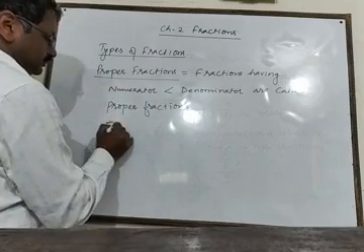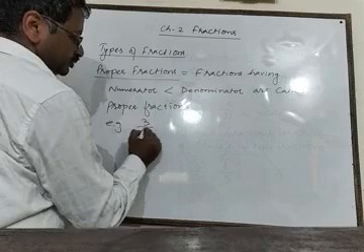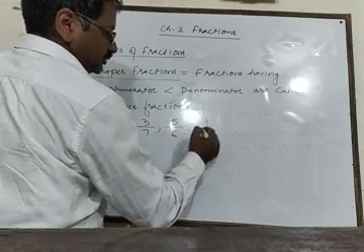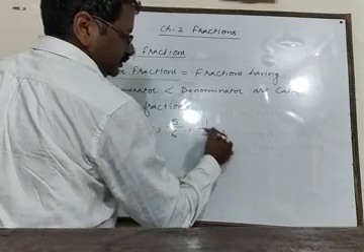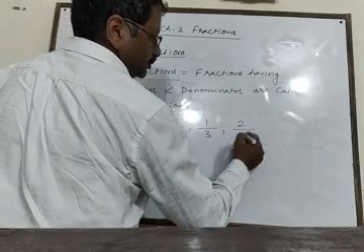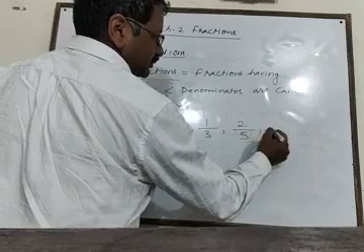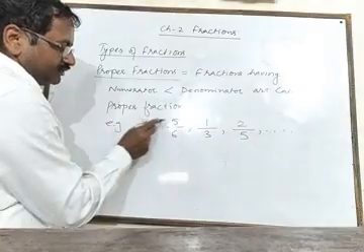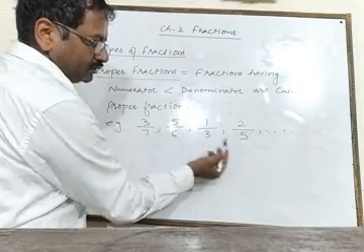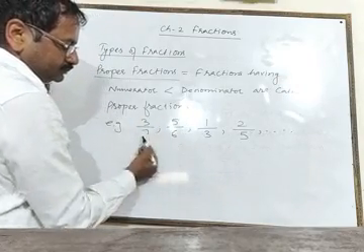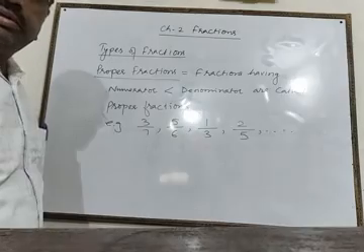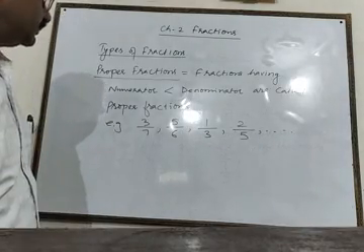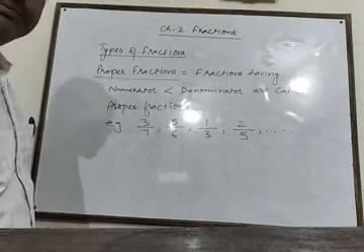For example, 3/7, 5/6, 1/3, 2/5. So in all the cases you can see that numerator is smaller than denominator. So these are called, like fractions. Sorry, proper fractions.